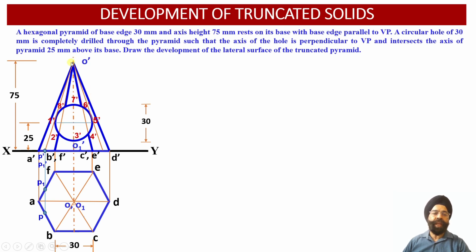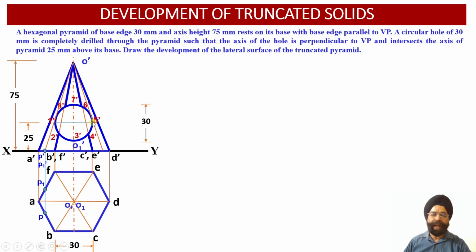Similarly, from the point O dash of the apex, we are going to draw another artificial generator, an additional generator, in such a way that it is tangent to the point 5 dash of the circle, which is the diameter point of this circular hole.